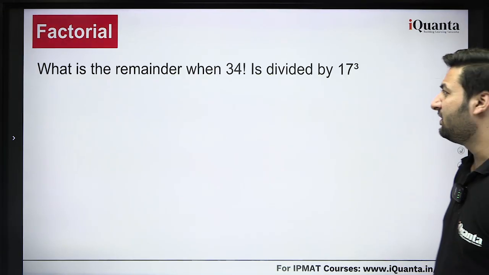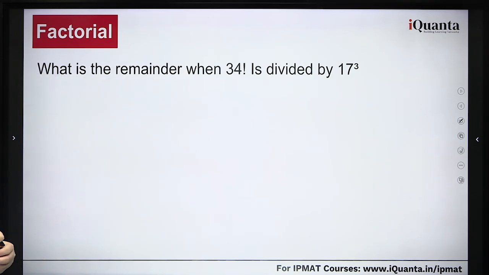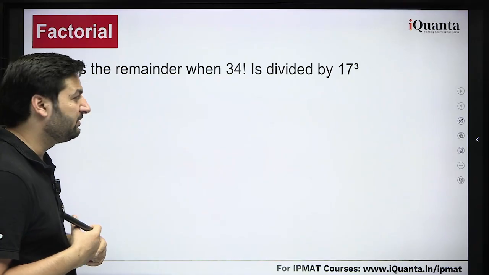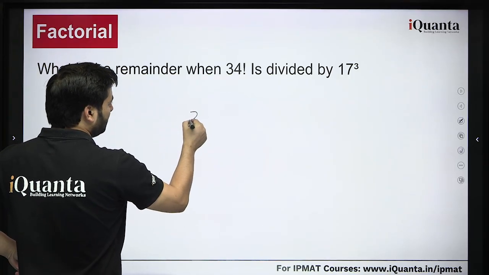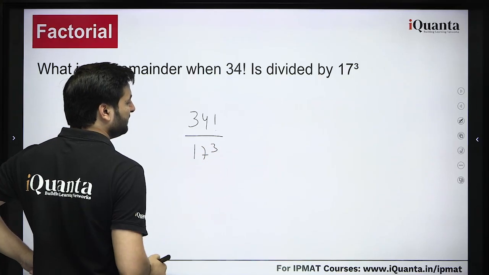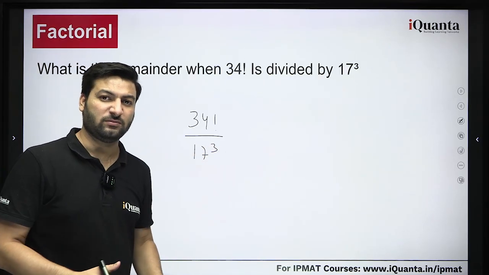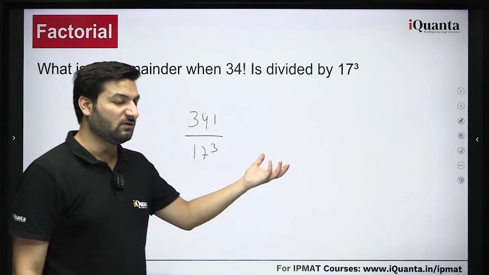What is the remainder when 34 factorial is divided by 17 cube? I brought this up because I wanted you to revise Wilson theorem and one more concept that I taught in remainder theorems. When 34 factorial is divided by 17 cube, what will be the remainder? See, if this would have been a question of Wilson theorem directly, Wilson theorem basically works for primes, isn't it?